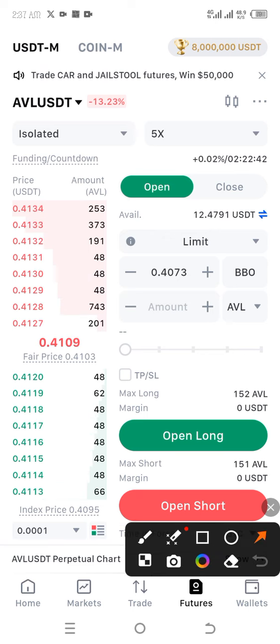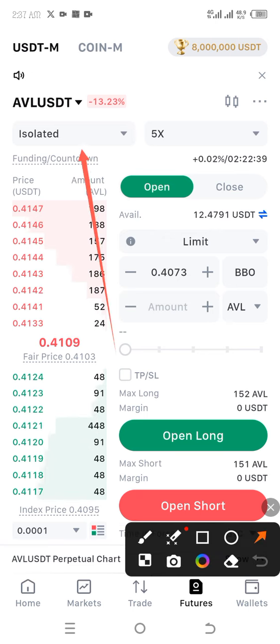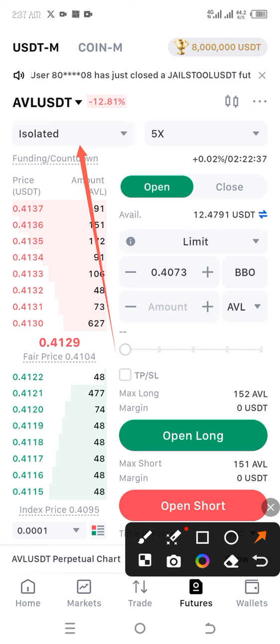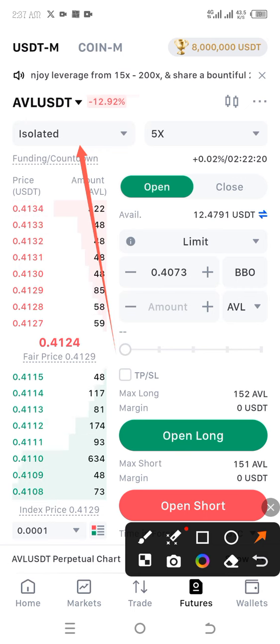and after I press confirm, there is this specific place again, that is called isolated. The meaning of isolated is about your balance. Let's assume you have a balance of $100, and you actually want to use $20 for the market.